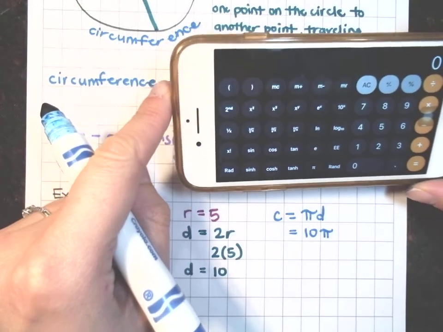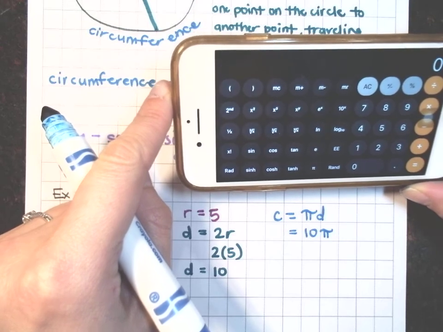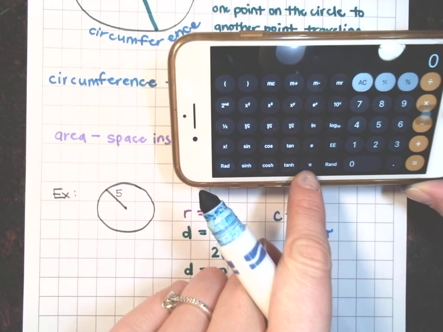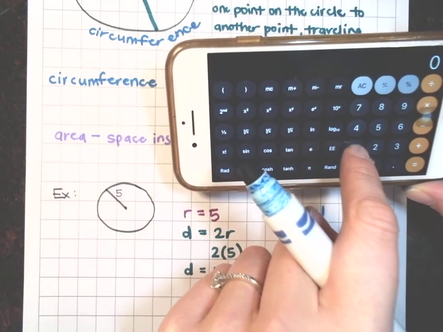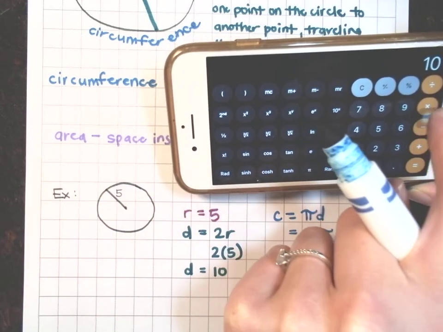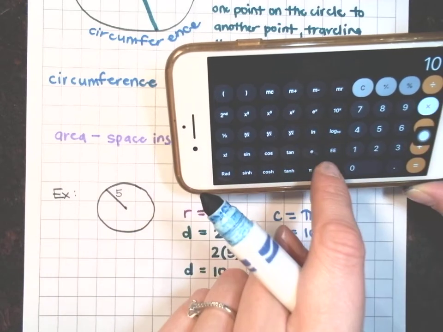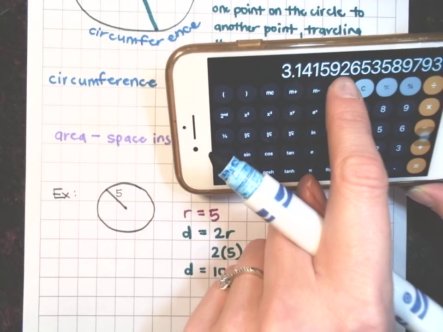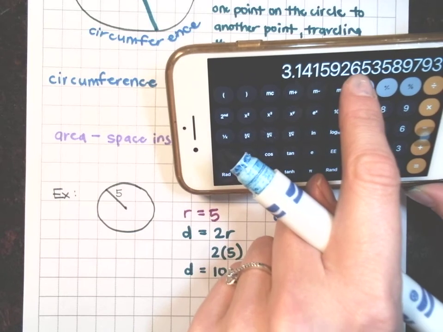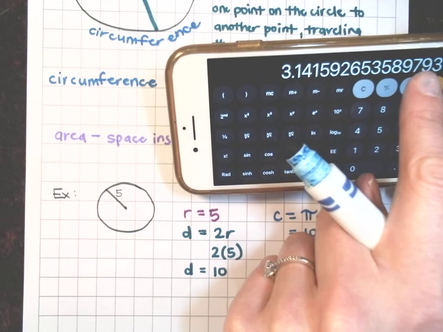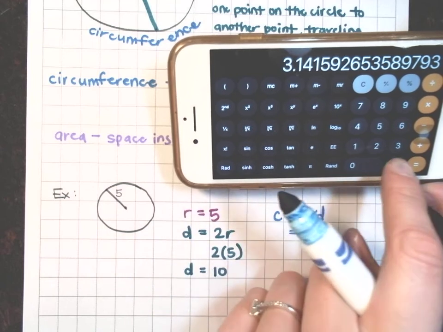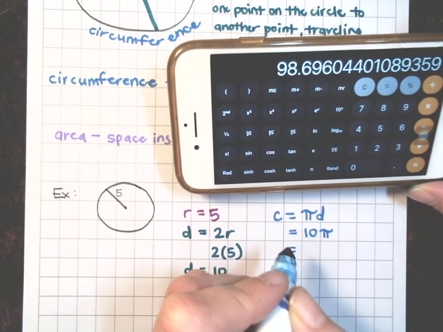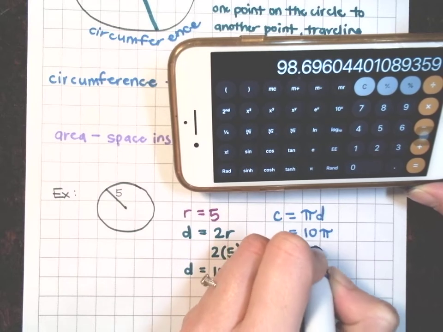And you can find the pi button right here if you have an iPhone. And so you would just hit 10 times pi, which is 3.14159265358979, which is why we want to use our phone. And so that equals 31.4.